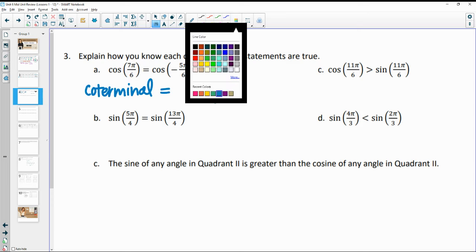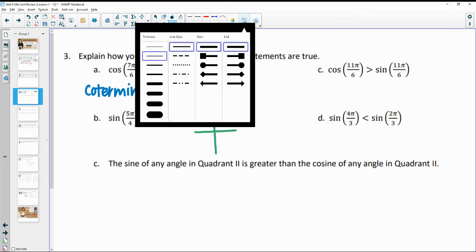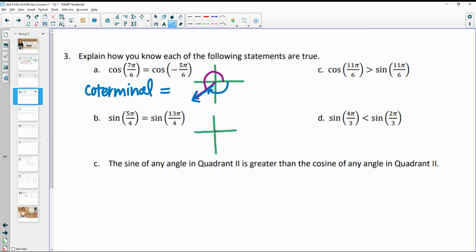Part B gives us sine of 5 pi over 4 and then sine of 13 pi over 4. So pi over 4s, remember, split your top half in 4. So we'd have 1, 2, 3, 4. Those are our pi over 4 angles, and we could extend those also for the whole unit circle if we wanted.